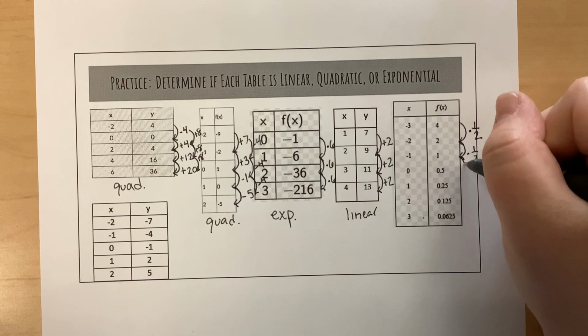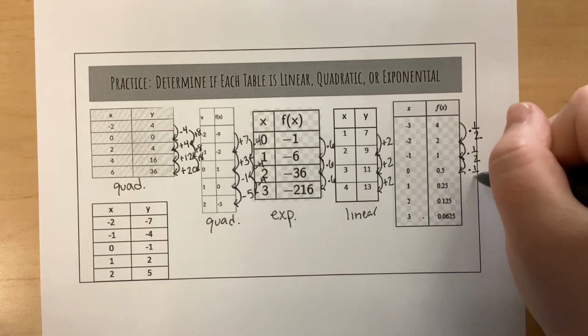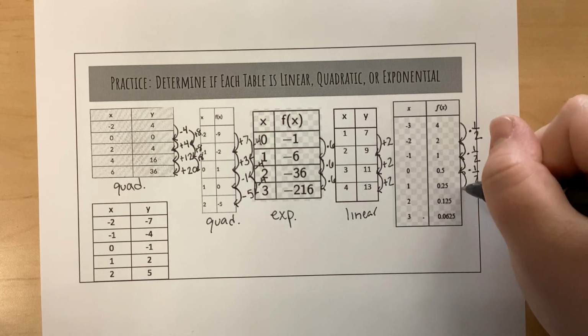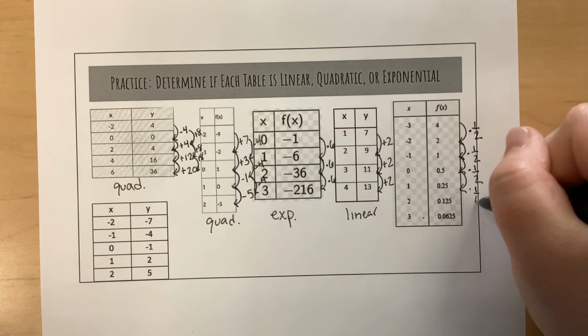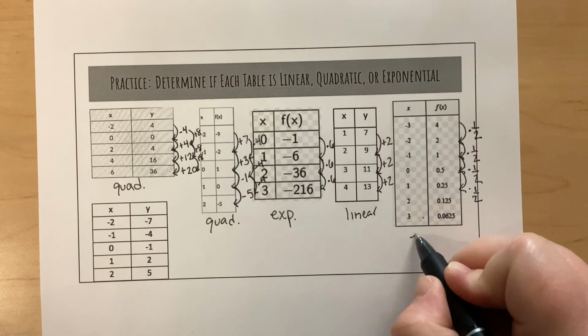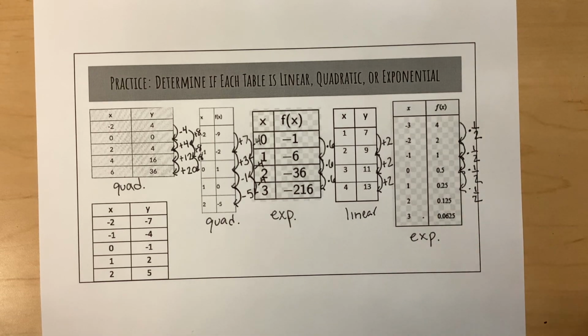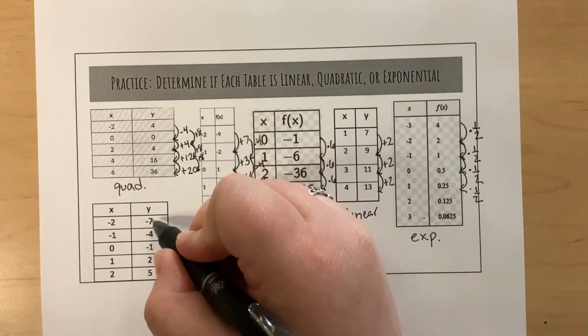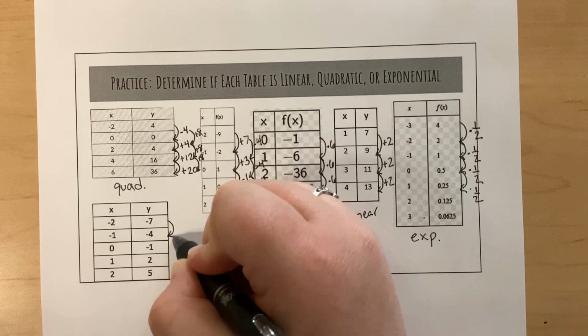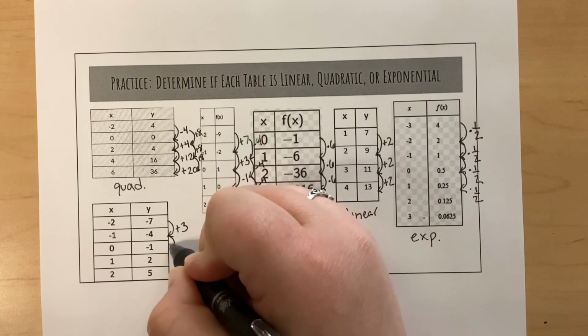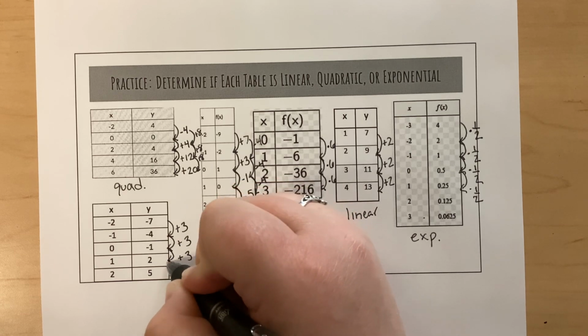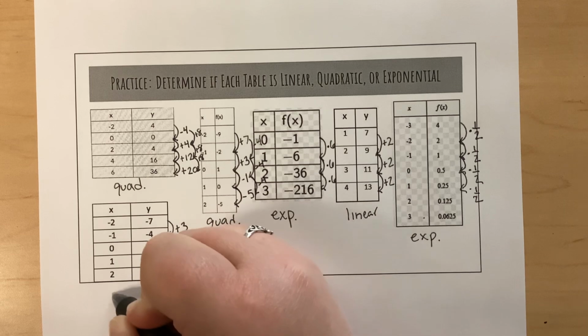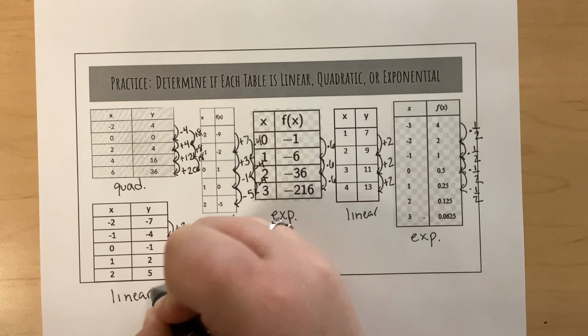And if I look, you would end up multiplying by a half all the way down this table. So this one is going to be exponential. And finally, over here, to go from -7 to -4, I have to add 3. -4 to -1 is add 3. -1 to 2 is add 3. And 2 to 5 is add 3. So this one is linear.